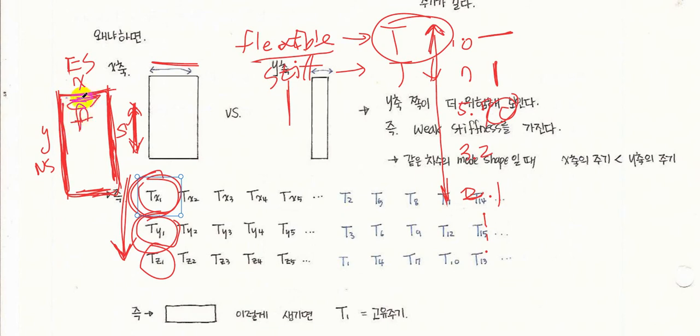This direction has shorter, smaller walls compared to this direction. In this direction, we have bigger, longer, larger walls, so the period we are expecting from this type of building is going to be longer with this period, right?